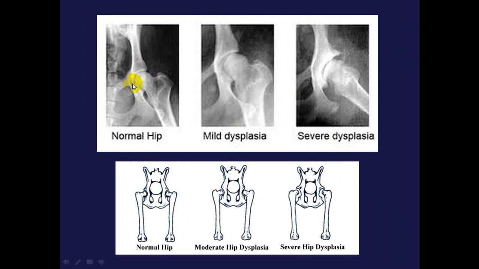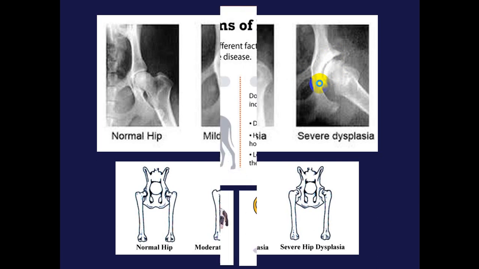This is the hip socket or acetabulum. You can see here that the femoral cap fully matches the acetabulum. However, in dysplasia, here and here, you can see there are spaces between the femoral head and the acetabulum. These spaces make a constant irritation, which causes arthritis.